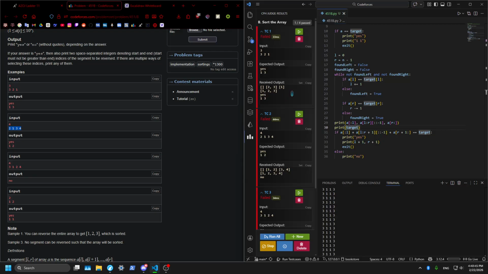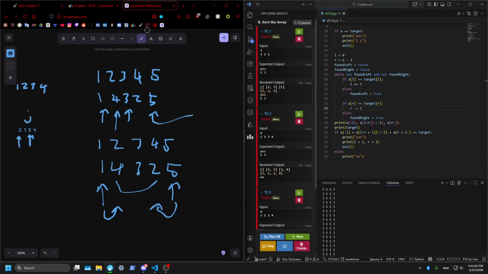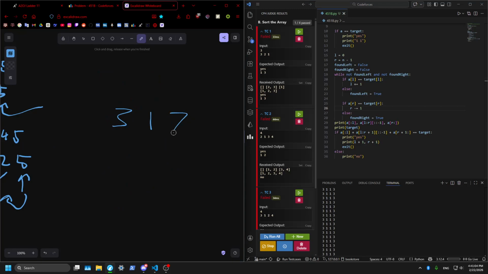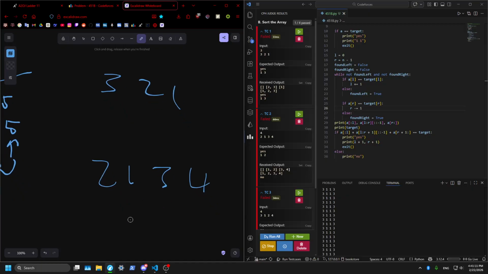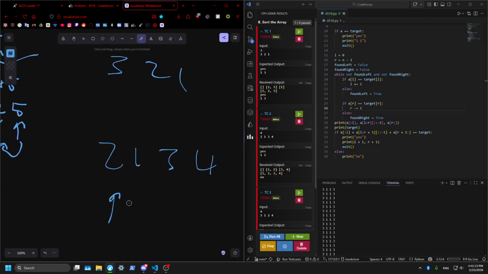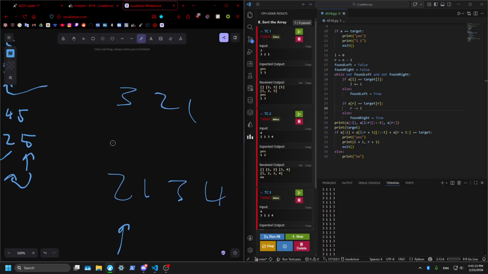So what's going on here? So we need to get our bounds right from 3, 1, or 3, 2, 1, 2, 1, 3, 4. We check L. 1, 2, 3.